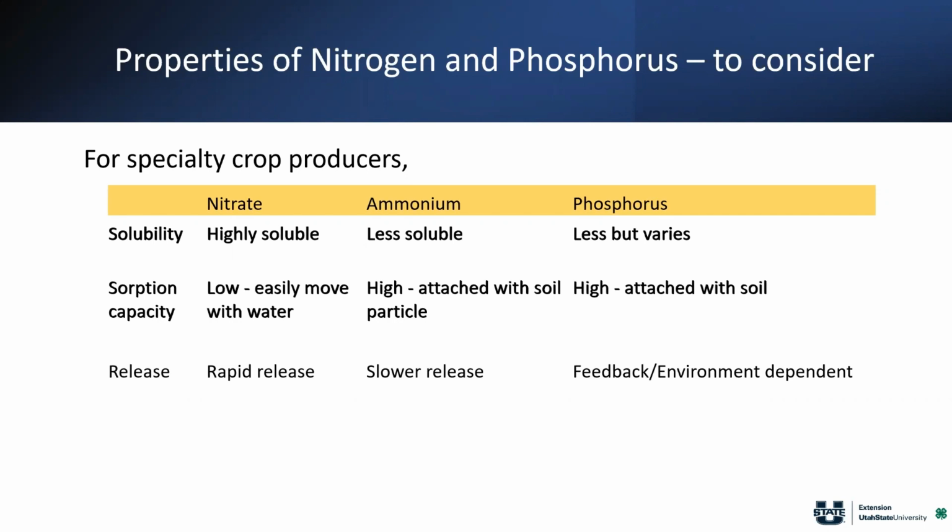Release. So nitrate is released pretty easily. So now, rapid release means the plant would get it faster. Also, it would leach faster. Ammonia and phosphate, on the other hand, are slower release, and again phosphorus. With phosphorus, there is a pool that is soluble and insoluble. Now those pools change based on a feedback mechanism.